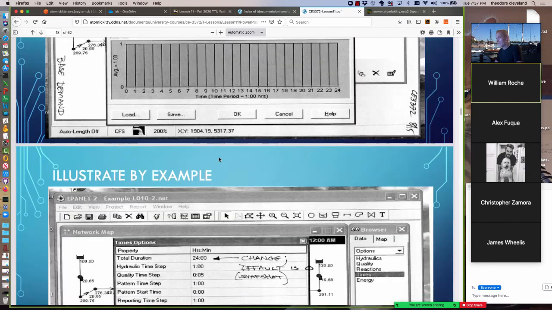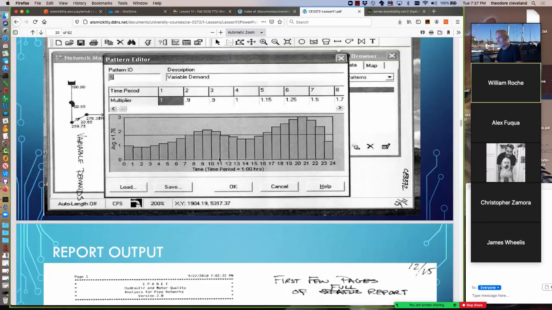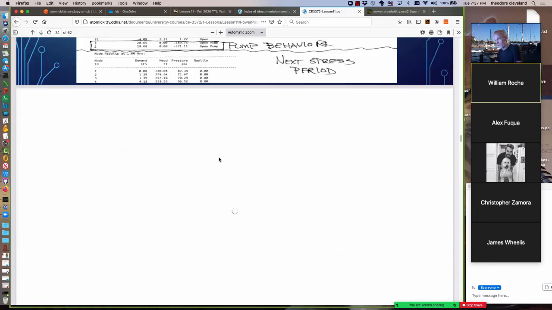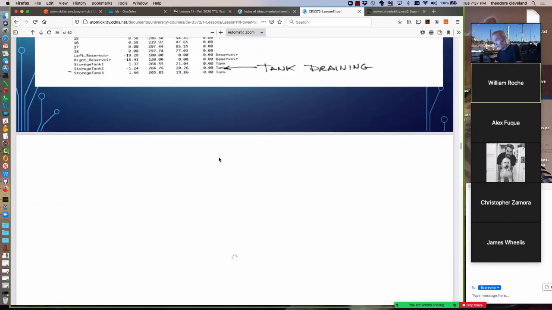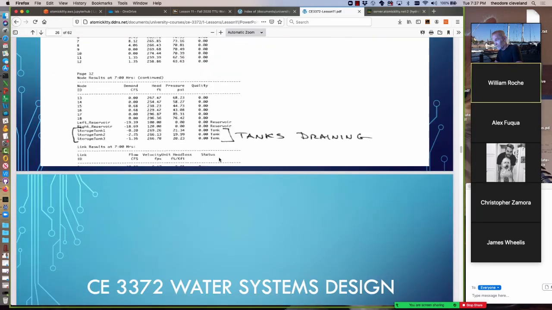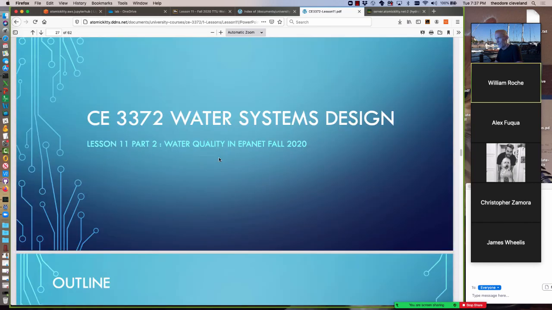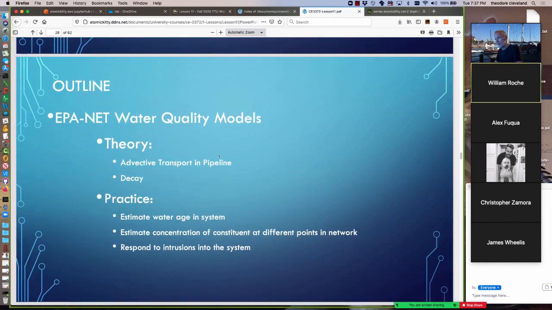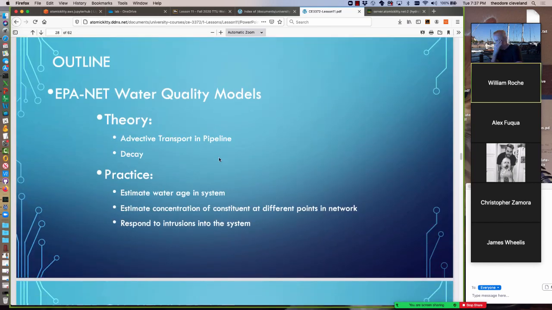So the next use of extended period simulation is for the water quality component. So we're going to go through this really excessively quickly because you've had other aspects of this in your environmental engineering class. So EPANET models water quality using advective transport in the pipeline and decay models.